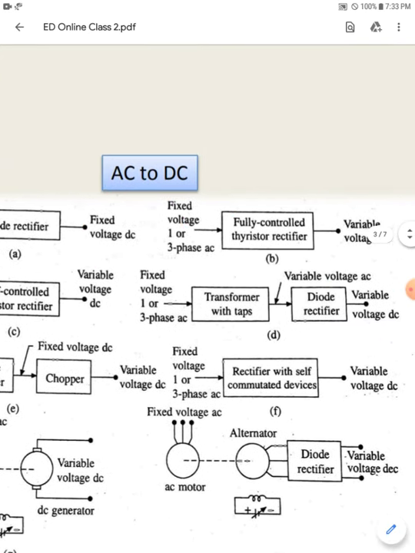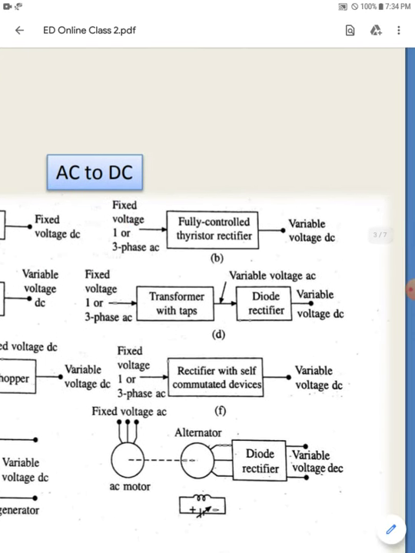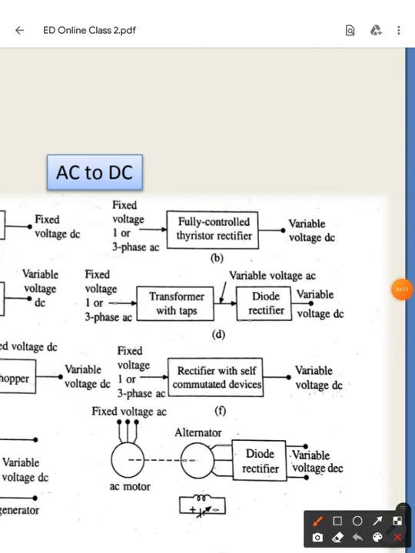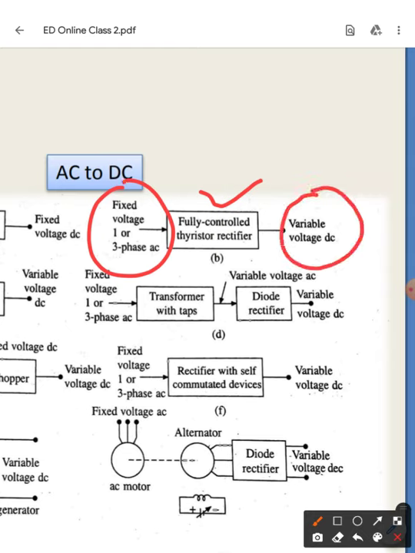Similarly, in the second case, if we go for the fully controlled thyristor rectifier, that means by using the thyristor, as the thyristor has one gate terminal, fixed voltage AC single phase or three phase can be converted into variable levels of DC voltage by using the fully controlled thyristor rectifier.